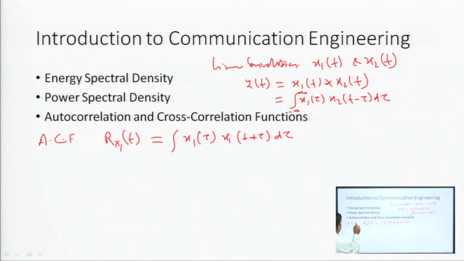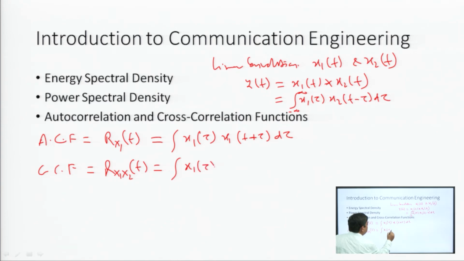And the cross correlation function is represented by Rx1x2(t), given by the integral of x1(tau) x2(t plus tau) d tau. This is the cross correlation function of the signals x1(t) and x2(t).